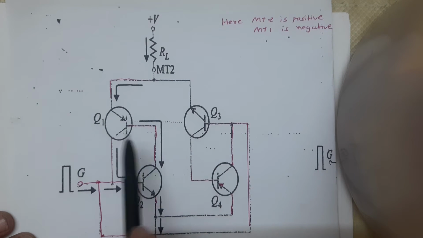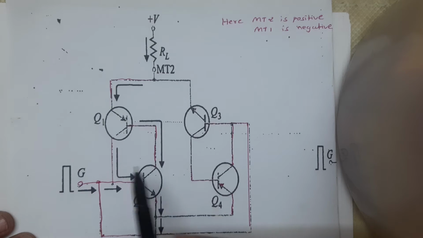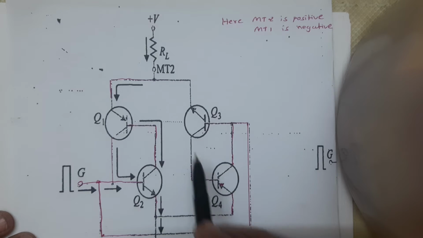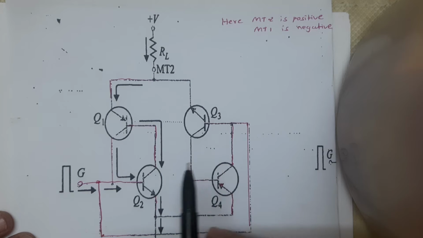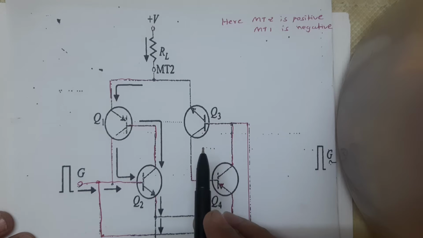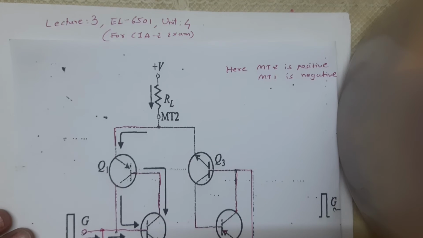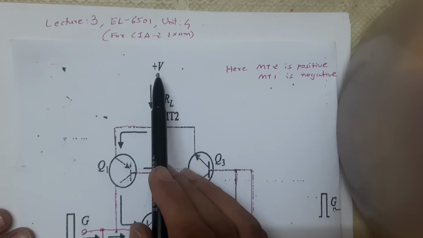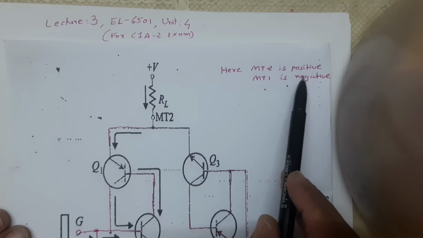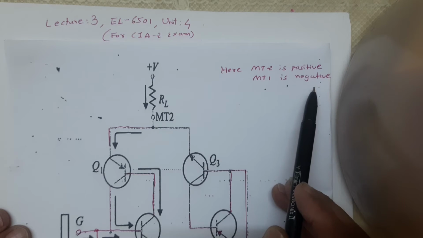This is your Q1, Q2, two transistors for one SCR, SCR1, and Q3, Q4, the second two transistors for the second SCR, SCR2. Here we are discussing first the case where MT2 is positive and MT1 is negative.